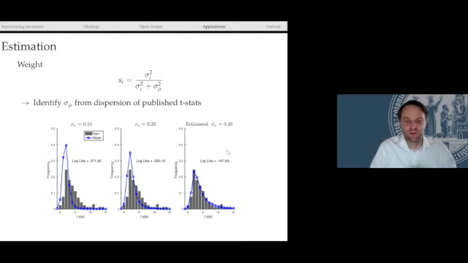Okay, so here you can see if we pick a very small dispersion of published t-stats, you see that the model doesn't fit very well. If you pick a larger dispersion of mean returns, the model fits the observed distribution of t-statistics very well.